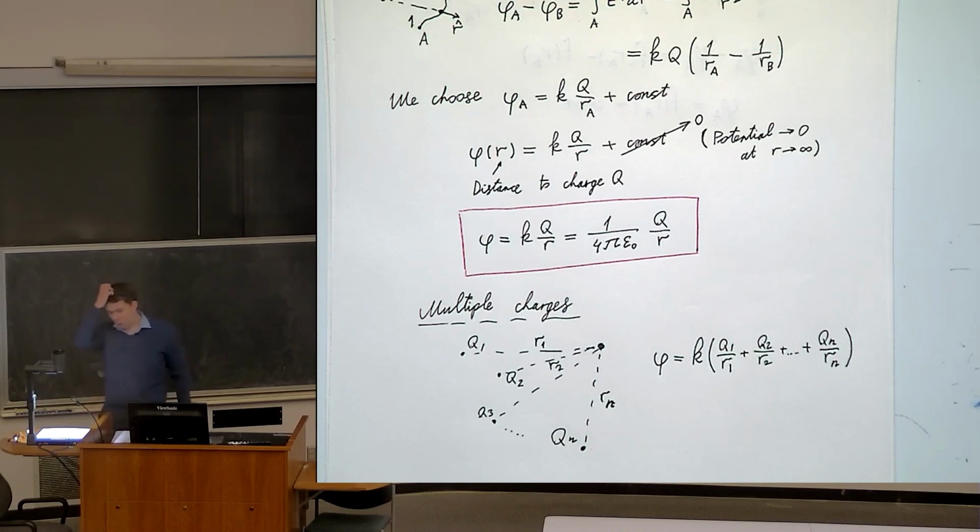One possible reason that comes to mind is that the description by means of the electric potential as opposed to electric field may be more convenient, because potential is a scalar, while the electric field of a system of charges is a vector.